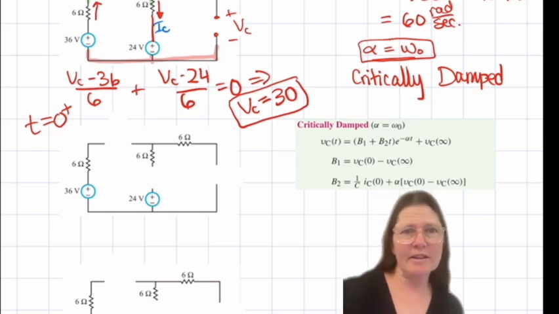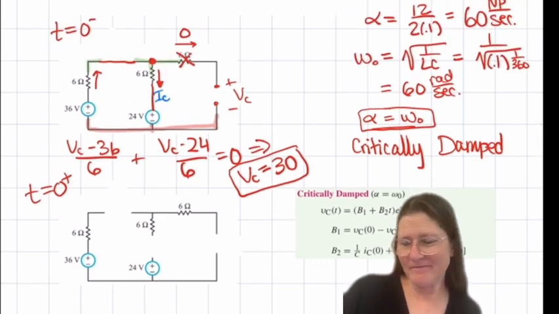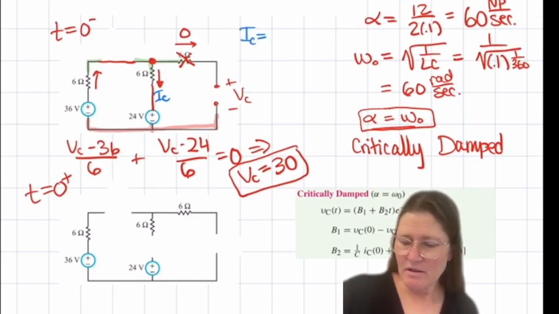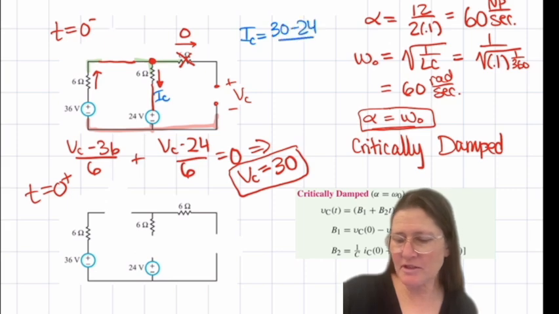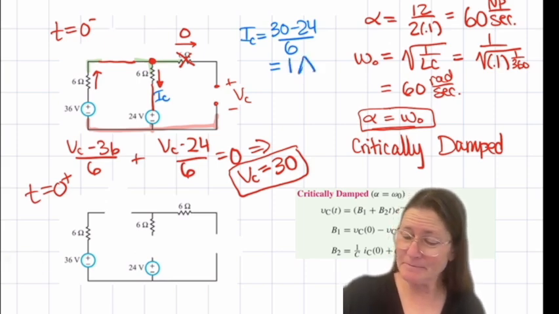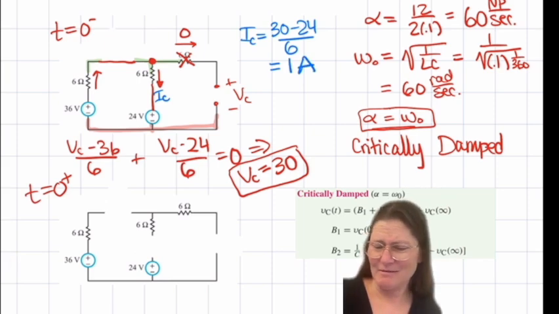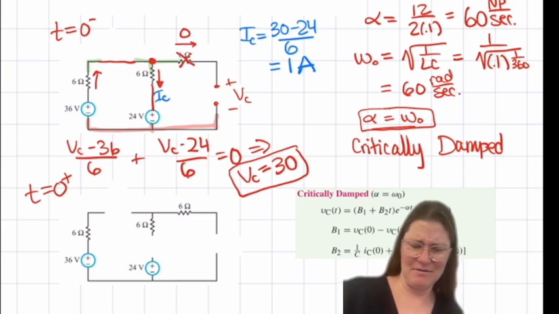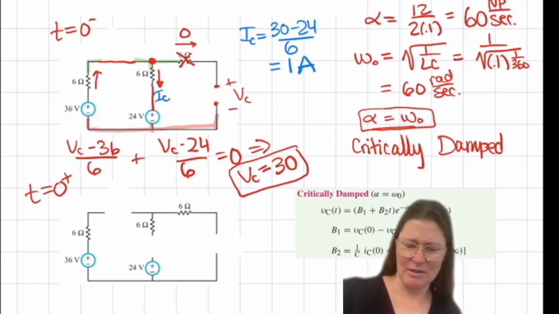So this IC will be 30 minus 24 over 6, which is... 1. Okay, so 6 divided by 6, 1 amp.